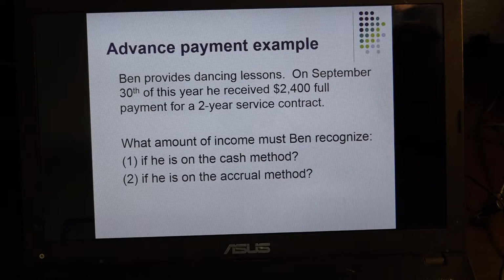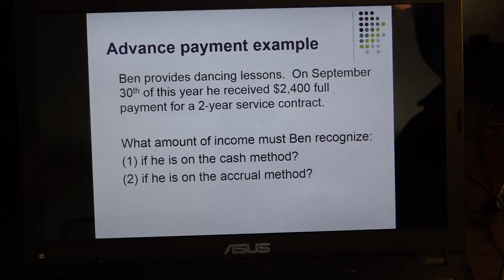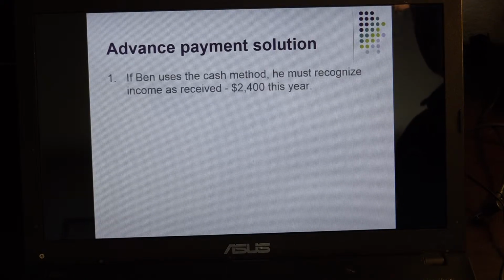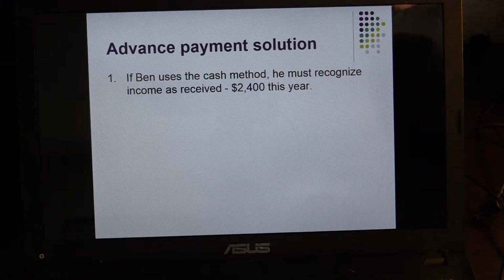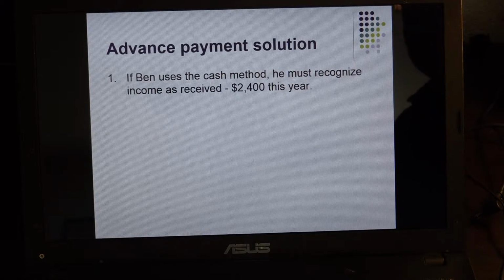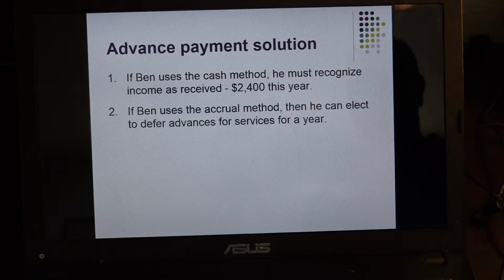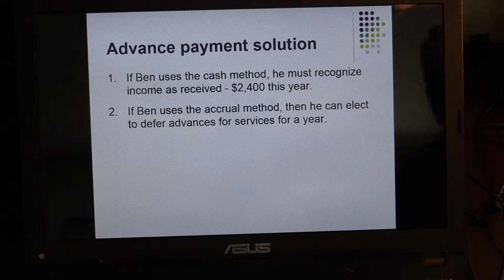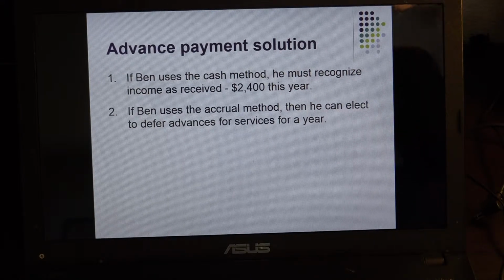Accrual method, he can delay that just like you could do with accrual accounting under GAAP. So he can defer some of that $2,400 until it's earned. So $2,400 if he uses the cash method. If he uses the accrual method, then he can elect to defer advances until he provides the service for one more year.